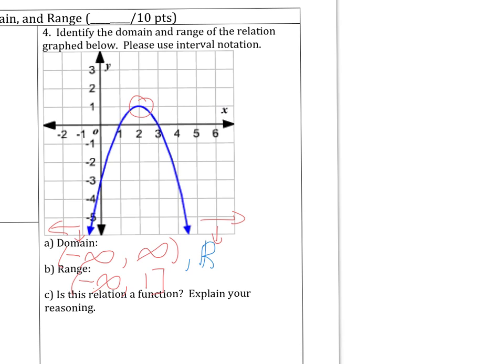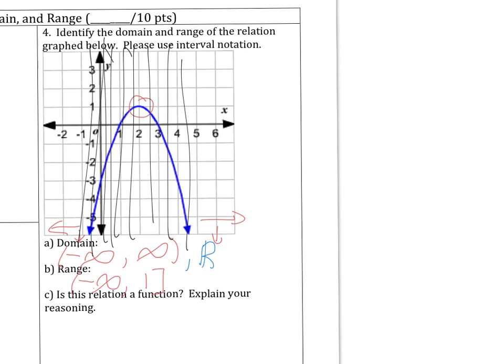Is this relation a function? We know that for something to be a function, each input has to have one output. In terms of something visual, sometimes we do the vertical line test. We draw vertical lines, and as long as we don't hit any point along this thing twice, we're good. In fact, this one is a function.